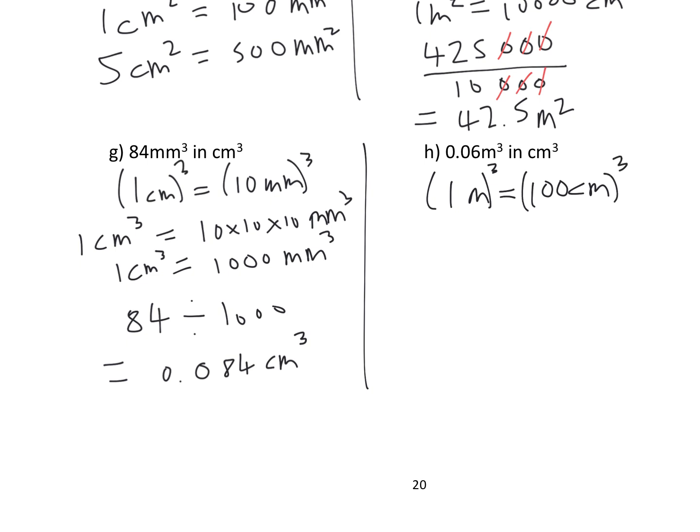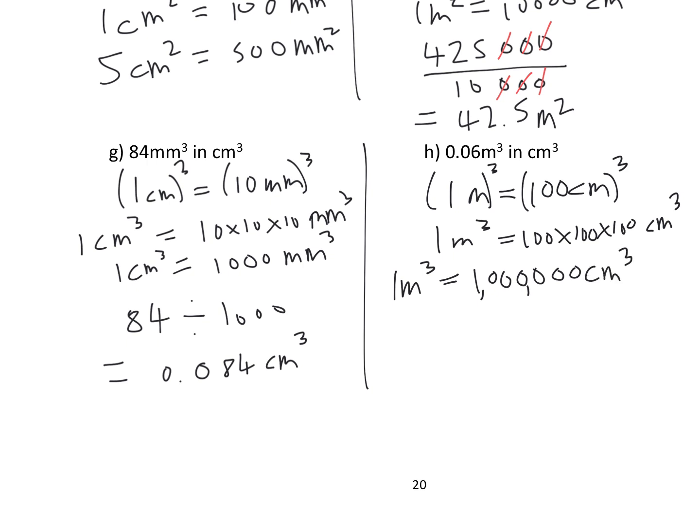And then 1 cubed is 1, and a metre cubed is a metre cubed. 100 cubed is 100 by 100 by 100, and centimetres cubed is centimetres cubed. That means that 1 metre cubed is the same as 1, 2, 3, 4, 5, 6, which is 1,000,000 centimetres cubed.